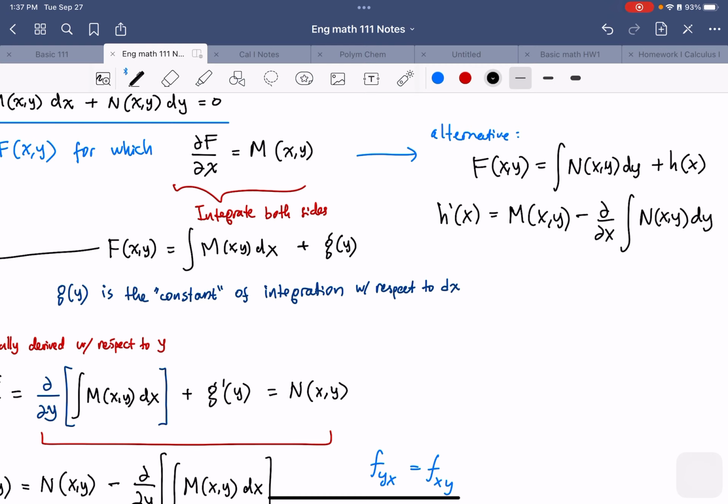We check with the g' here or the h', then combine all together, and then we get the solution. I will go to the next example. This is to show where the exactness comes from, and how we prove that both have the same value, or the exact value.